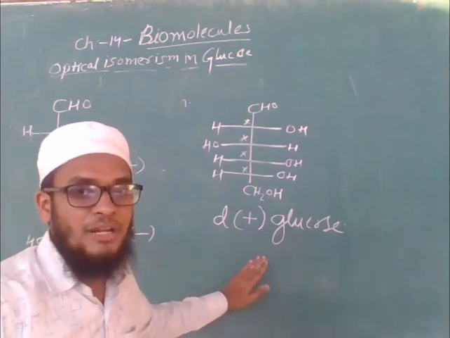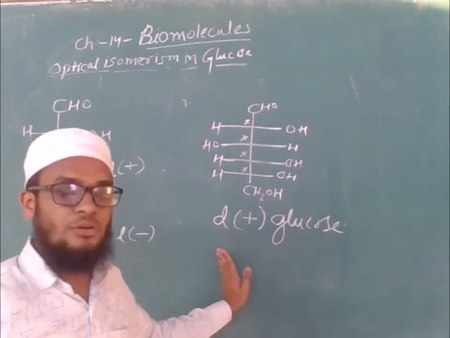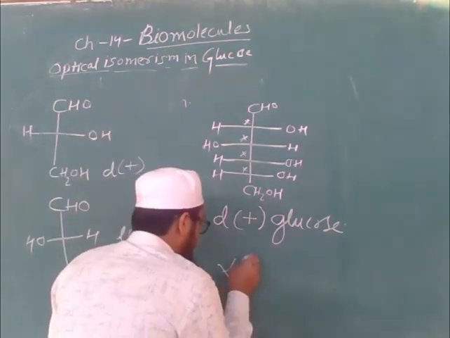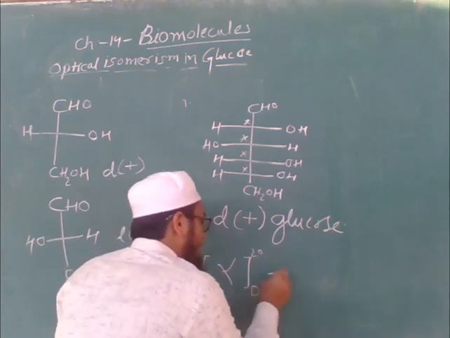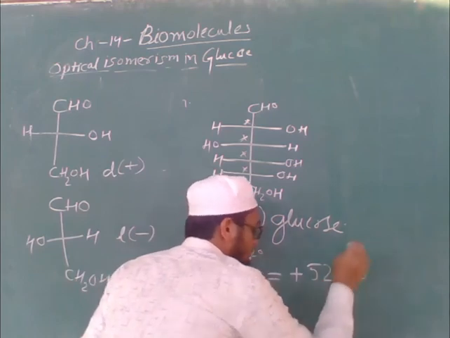It can rotate plane polarized light in a clockwise direction, so it is named dextrorotatory, and it has a specific rotation of 20D equal to plus 52.7.